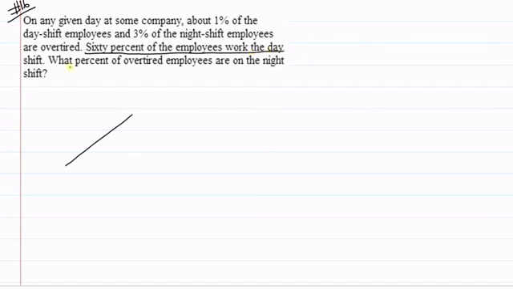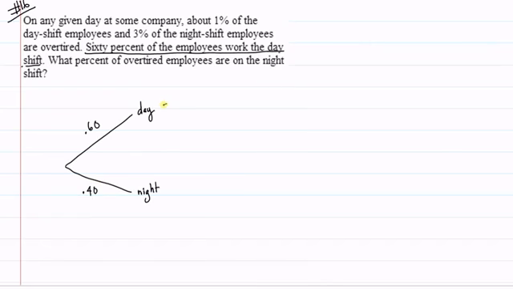Okay, this is another tree diagram problem. I really like these, but many people do not. So let's start with the thing that's not conditional. That's this part. So on the day shift, we have 60%, 0.6. And on the night shift, we have the remainder, must be 40%.